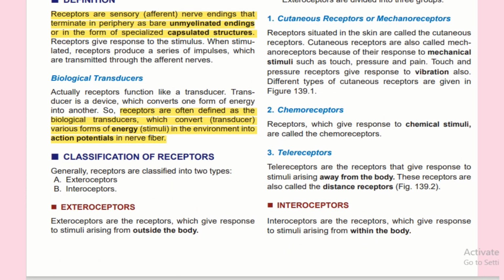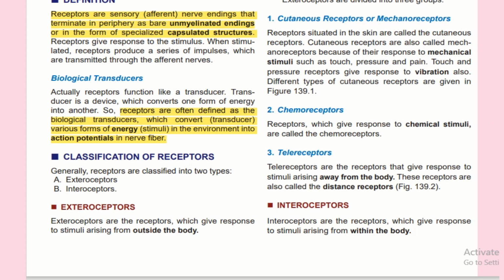Then we have chemoreceptors. Receptors which give response to chemical stimuli are called chemoreceptors. Telereceptors are the receptors that give response to stimuli arising away from the body. These receptors are also called distance receptors.